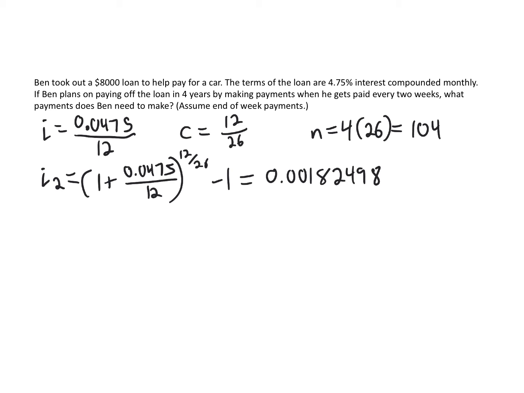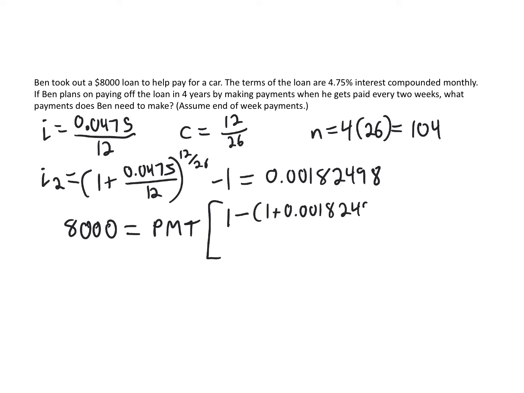Now you can put it into your formula. Now this is present value because you have $8,000 present value of the loan. We're looking for payment. Remember, it's a negative exponent here.